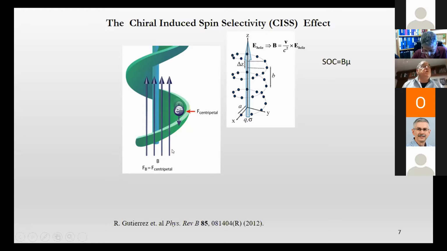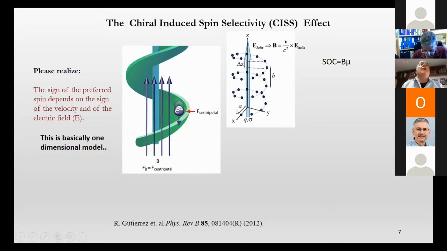So in this work that was done by the group in Dresden, they used basically a one-dimensional model of a helix. And what they realized is that because of the curvature of the potential, of course, in the rest frame of the electron, there is an effective magnetic field.